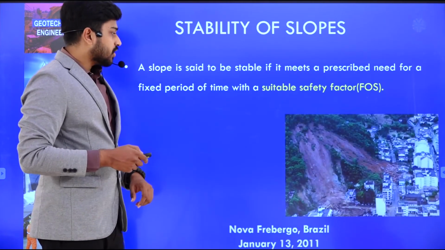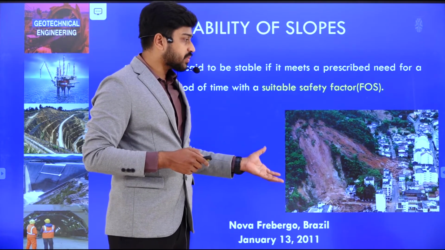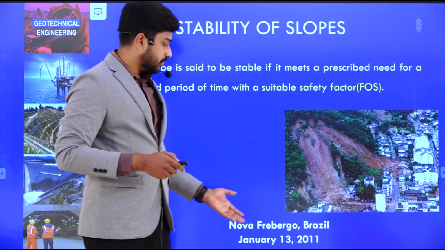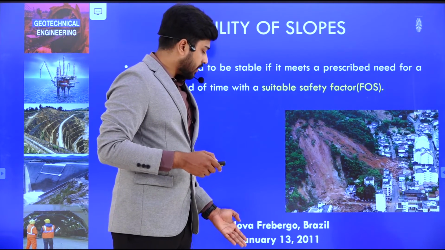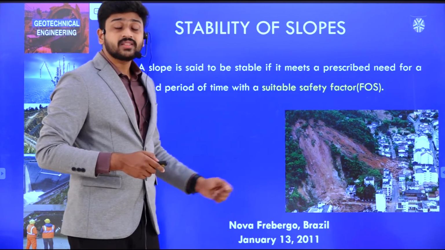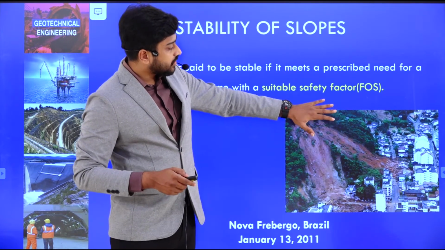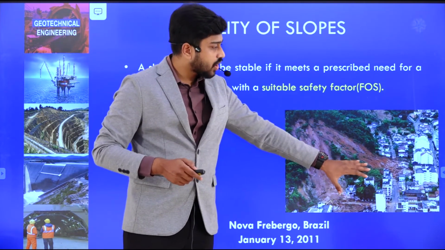Now, if you look at this particular diagram, this picture has been taken from an example where a landslide occurred in Brazil, in Nova Friburgo, on January 13, 2011. What happened is the land slid down and this area got affected.